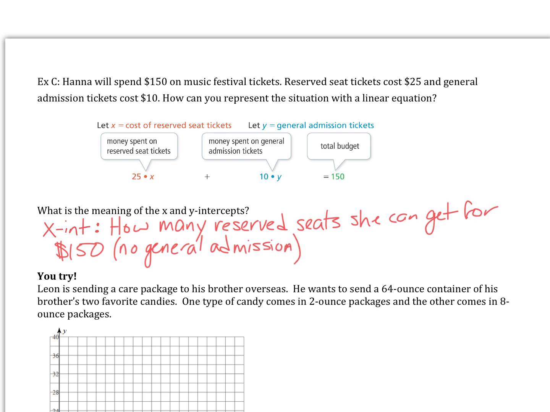Okay. And so the y-intercept would be the vice versa of this. It would be only general admission tickets and no reserved seats. Okay?